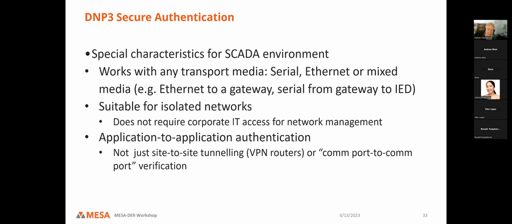If you're deciding to deploy VPN routers and then you plug a plain text DNP device into the router, you've secured the network communication, but there's a plain text link at each end of it. And if an attacker could gain access to the site, they could connect in on that plain text link, for example. And then again, as Francis alluded to before, that would give you access to the network. It might be secure encrypted access, but it's access nonetheless. So there's various different things we were considering in this. Next, please.